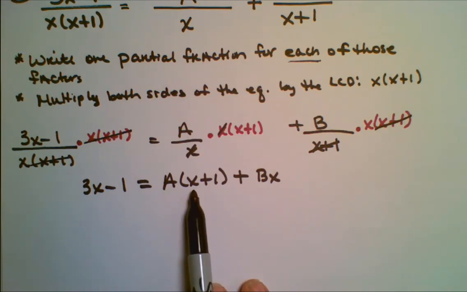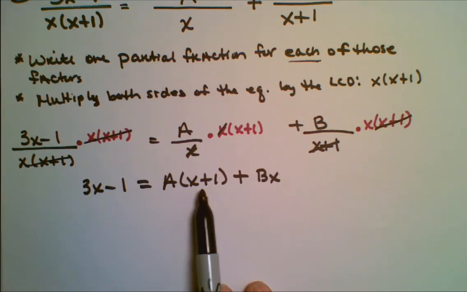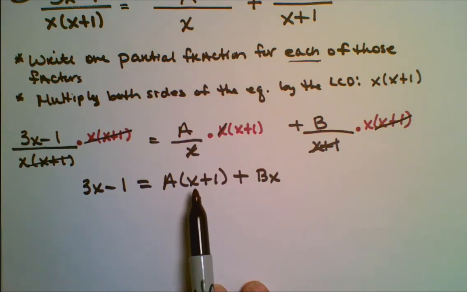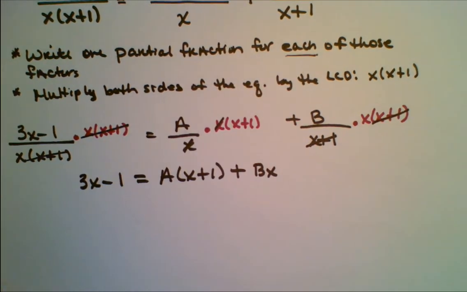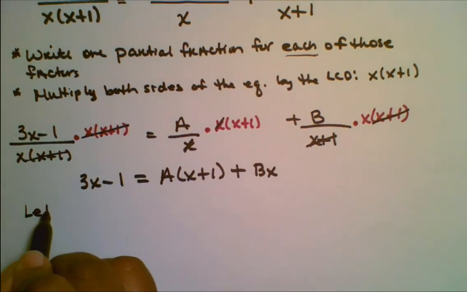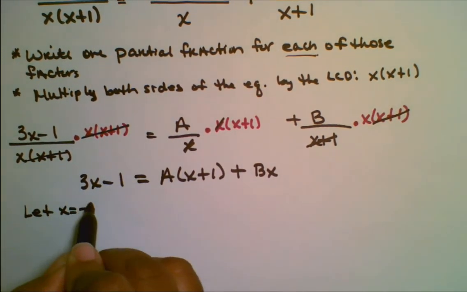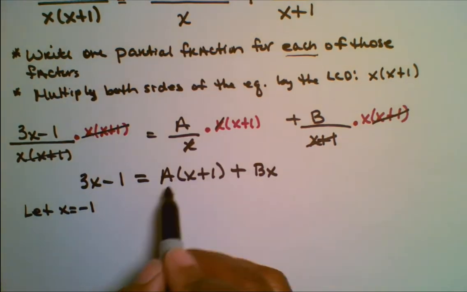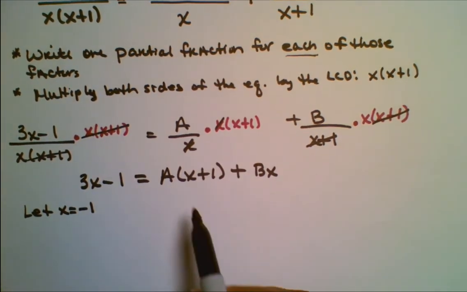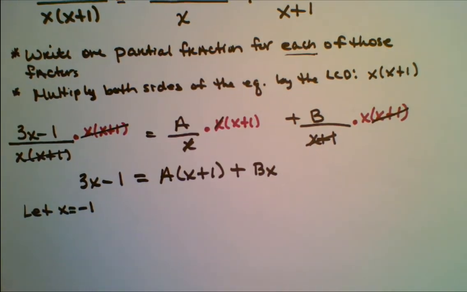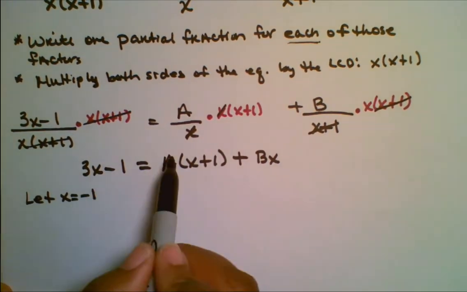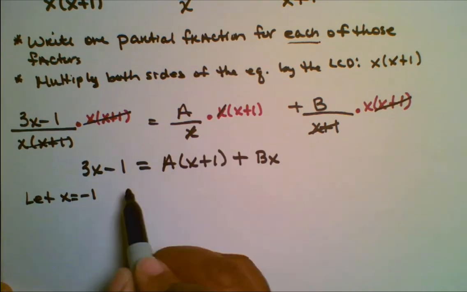What could we substitute for x in this x plus 1 that, when we add 1, will give us 0? Well, that will be negative 1. So if we let x equal negative 1, we cancel out this coefficient of a.